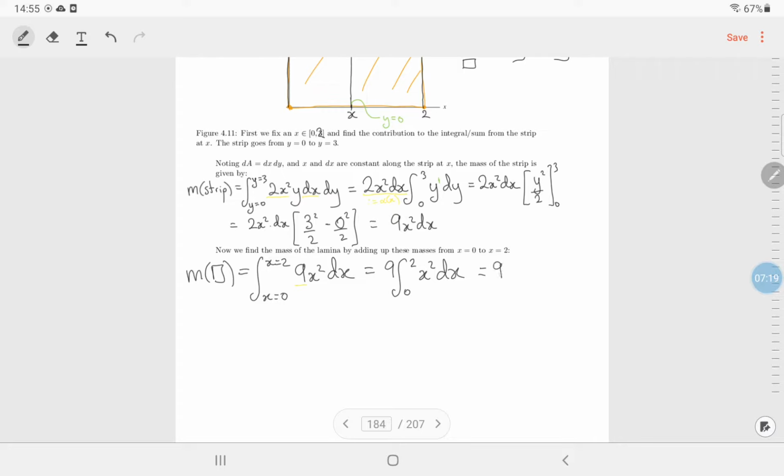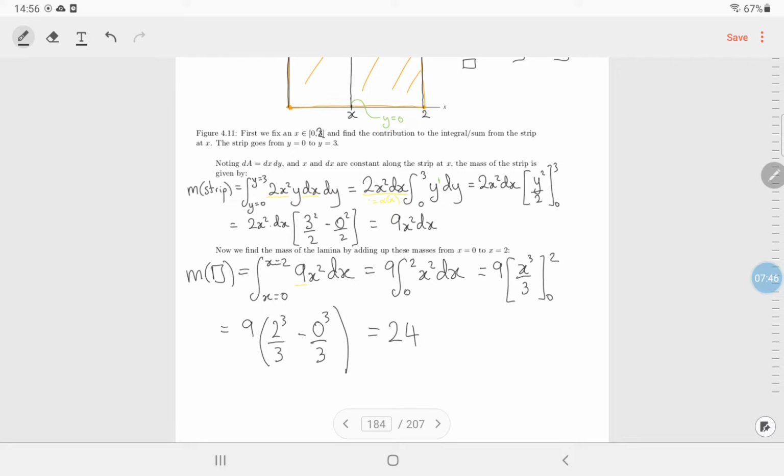The antiderivative of x squared: add 1 to the power, divide by the new power, from 0 to 2. Again, top limit minus bottom limit. So I get 9 times 2 cubed over 3 minus 0 cubed over 3. And 8 over 3 times 9 is 3 times 8, which is 24.